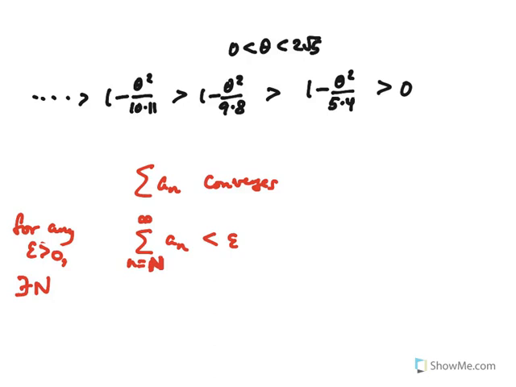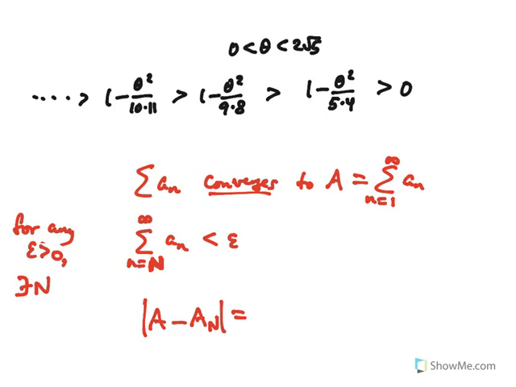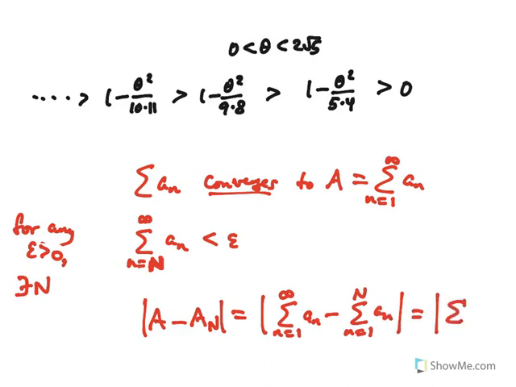Okay, and the reason why is because the original series converges, let's say it converges to this sum A, the full sum of the series. Okay, so then if you look at A minus the nth partial sum, and let me take the absolute value. So that's the full sum all the way to infinity minus the partial sum up to term capital N. And that just gives you exactly that tail. Well, it's not exactly that tail. It's like term n plus 1.